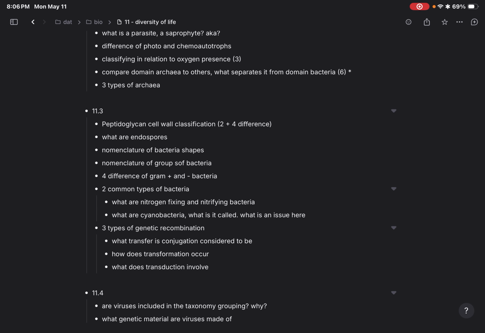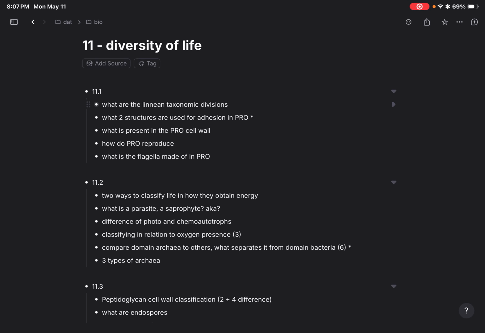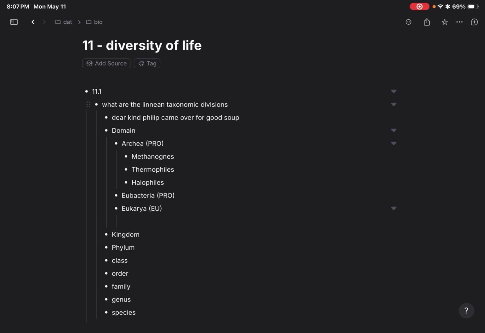Then thermophiles, which like heat. Then halophiles, they like salt. So methanogens, thermophiles, halophiles.